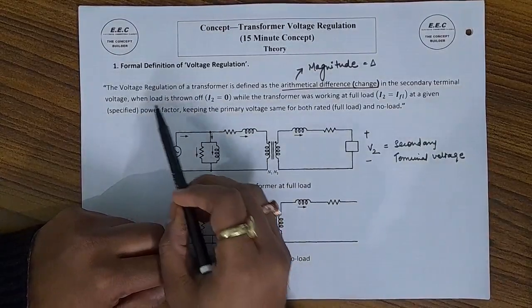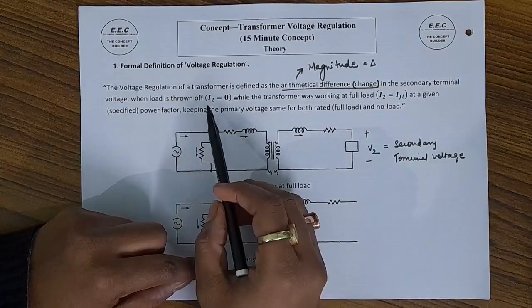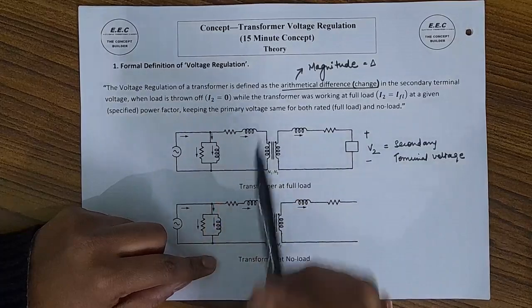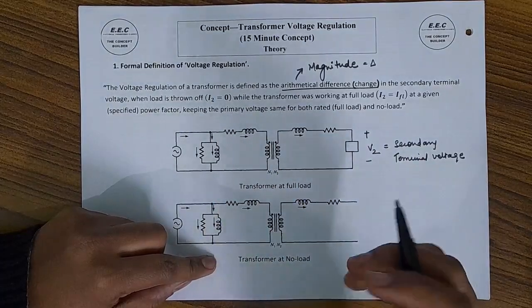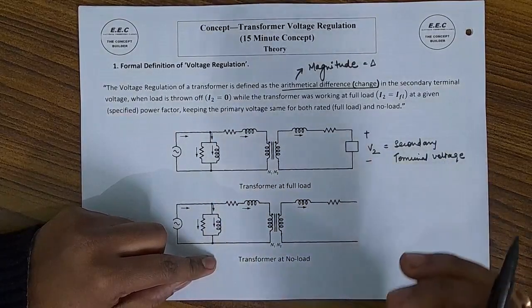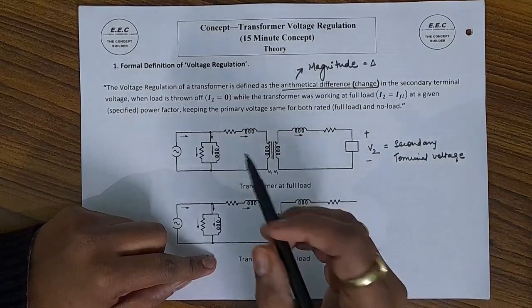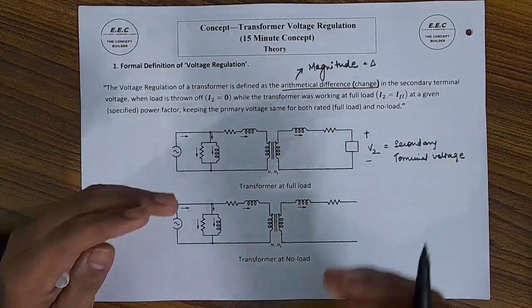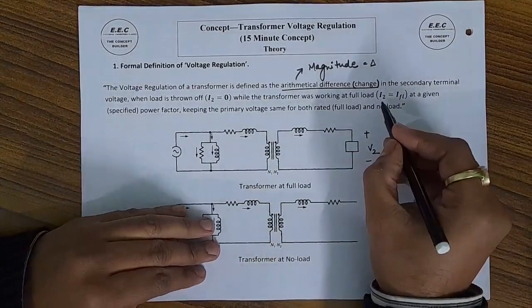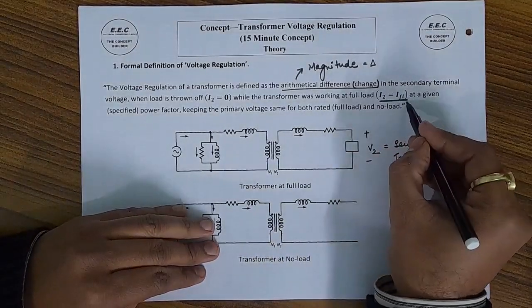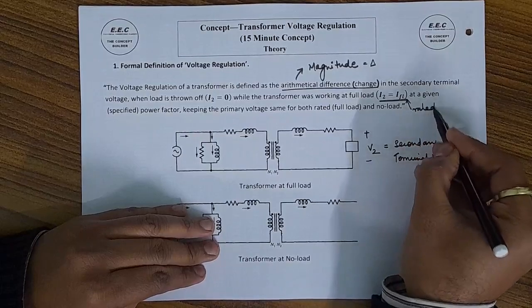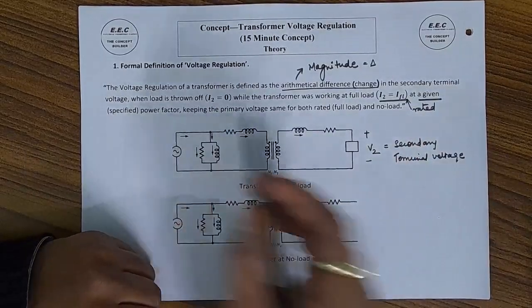Okay, when the load is thrown off, the secondary current I2 is going to be 0, while the transformer was working at full load. Now before throwing off the load, removing the load, making I2 equal to 0, the transformer was working at full load. So we have the condition I2 is equal to I2 full load, which is also called as the rated current, at a given or specified power factor of the load.